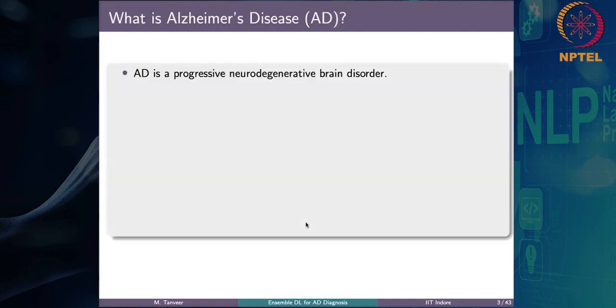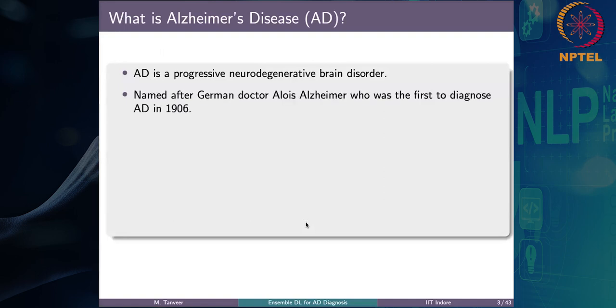Now I'll start with the basics: what is Alzheimer disease? Alzheimer disease is a neurological disorder. It has been named after German doctor Alzheimer, who was the first to diagnose it in 1906.